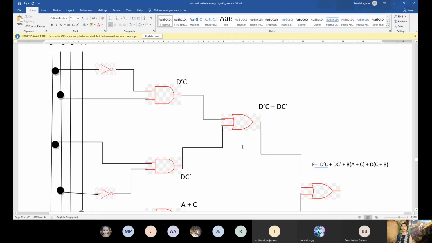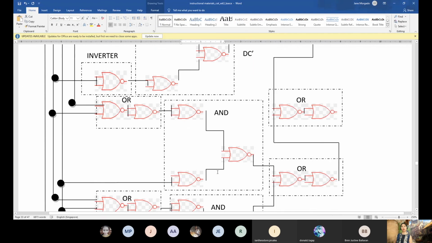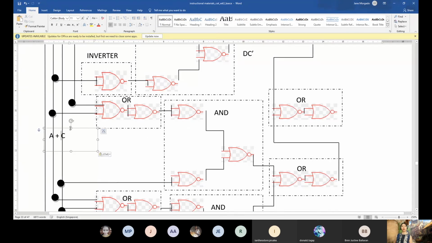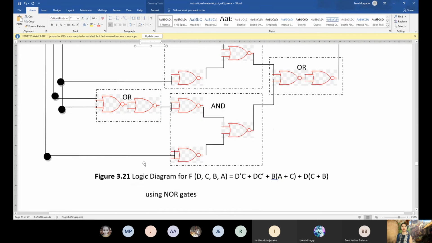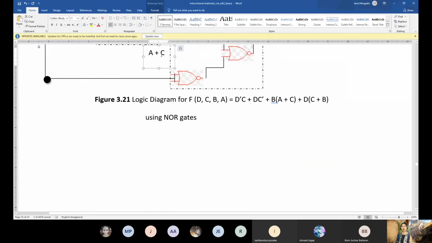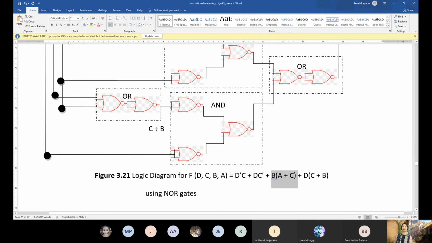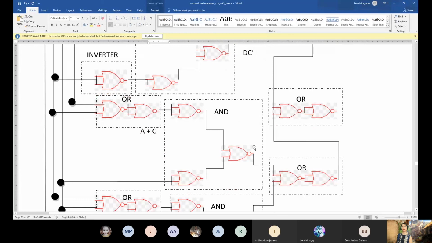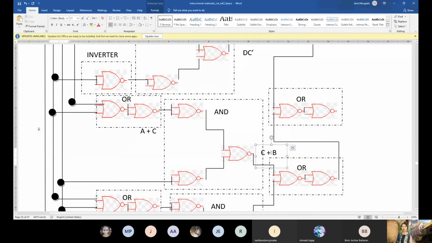Then we have A plus C and C plus B. So you have A plus C here, and C plus B. And then what else? We have B times A plus C.